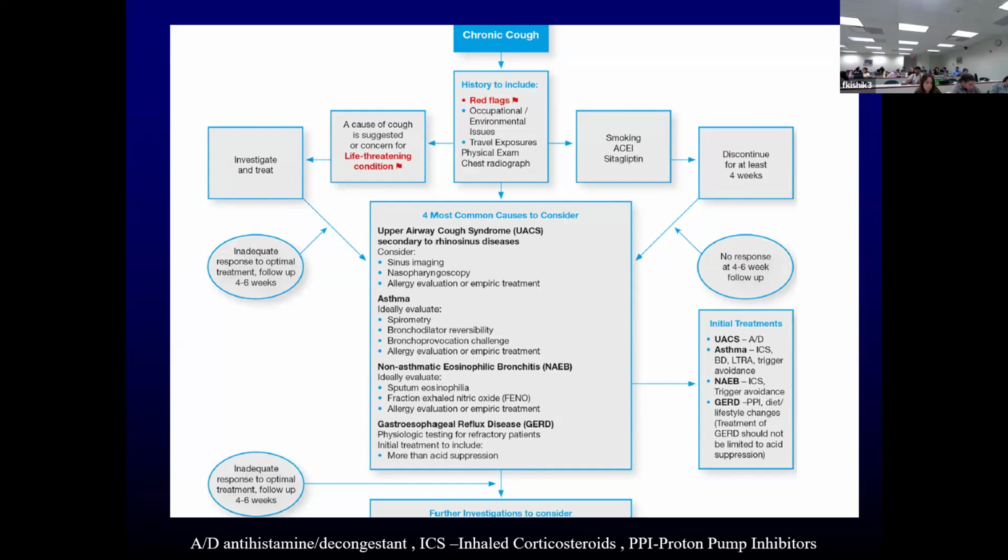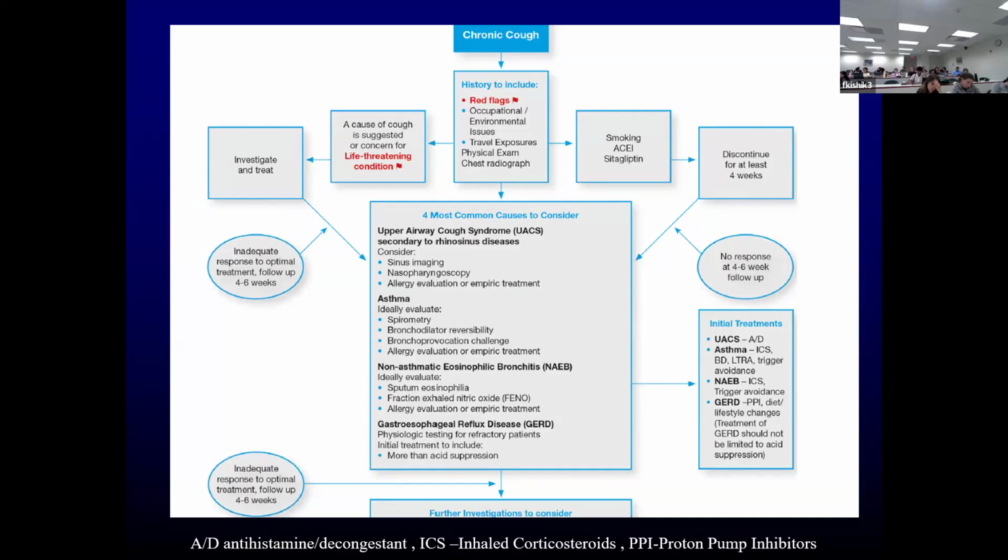And those 5% who do not have relief should be sent back to the pulmonologist and the like, because they need CAT scans of the sinuses and chest, a bronchoscopy, an endoscopy, and further workup, because they definitely have some other more sinister diagnosis that needs to be looked into.